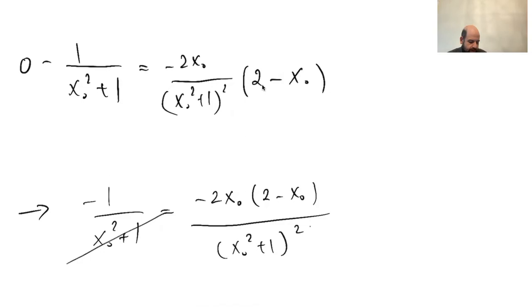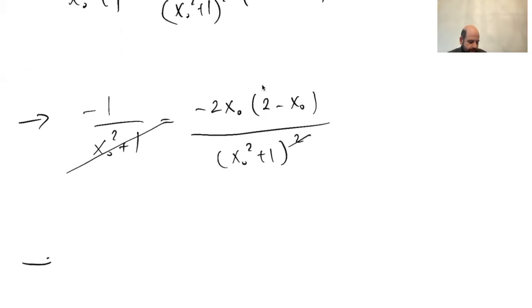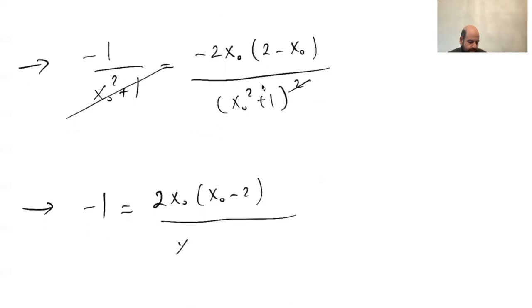Now this cancels with the power. Then I'll get minus 1 equals, if I simplify this, 2x0 times x0 minus 2 divided by x0 squared plus 1.